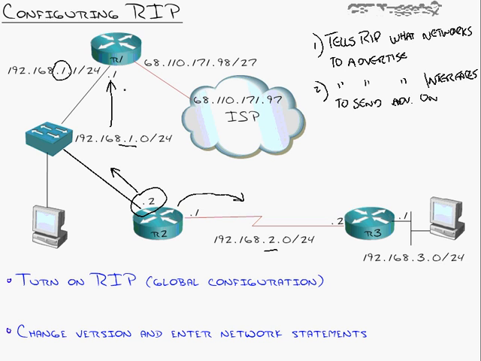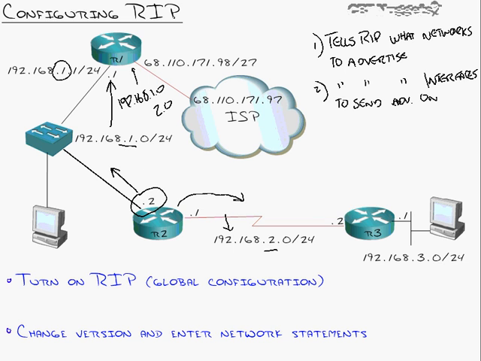So now router 1 is hearing about 192.168.1.0 and 2.0, and it's saying, great, I didn't know about 192.168.2.0 because I'm not directly plugged into it. At that point, we're done with router 2. That's the complete configuration of the RIP routing protocol on router 2. There's no more to it, and that's the easy to configure aspect.